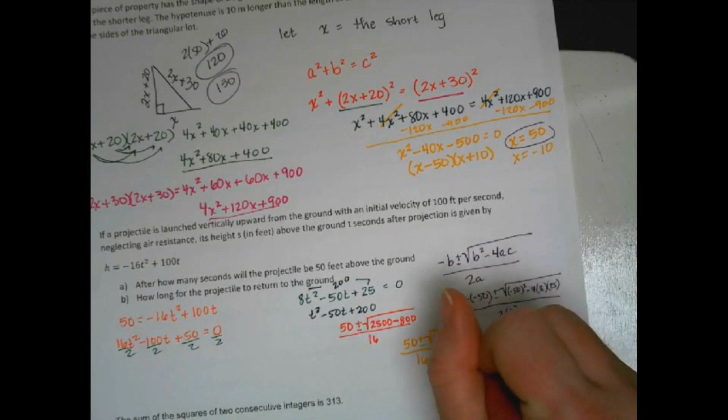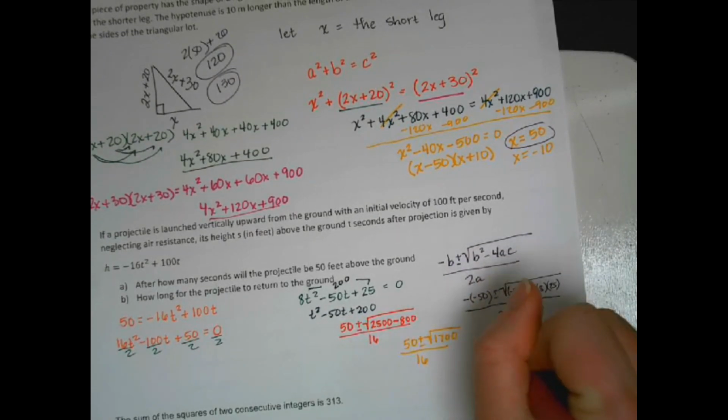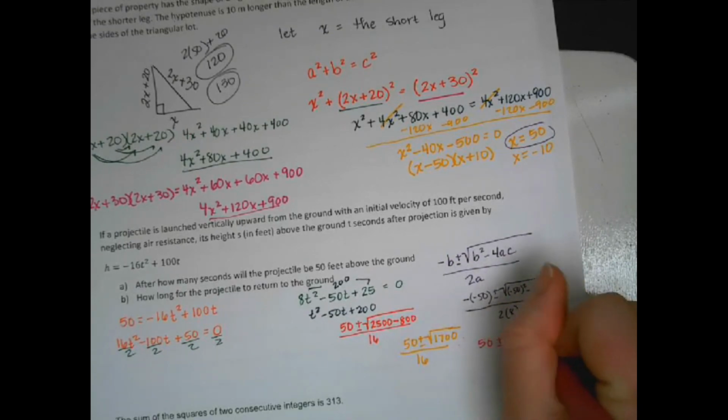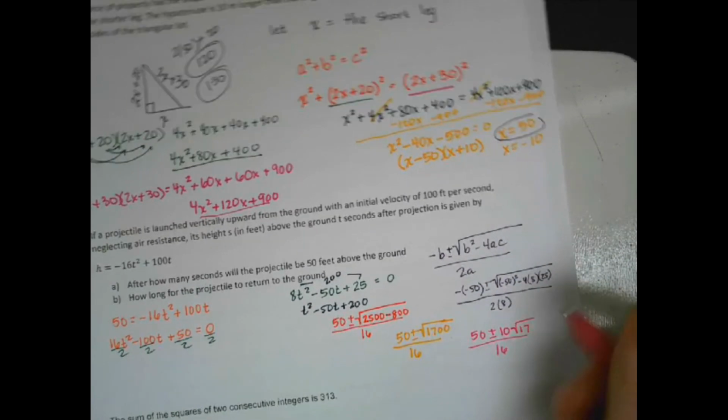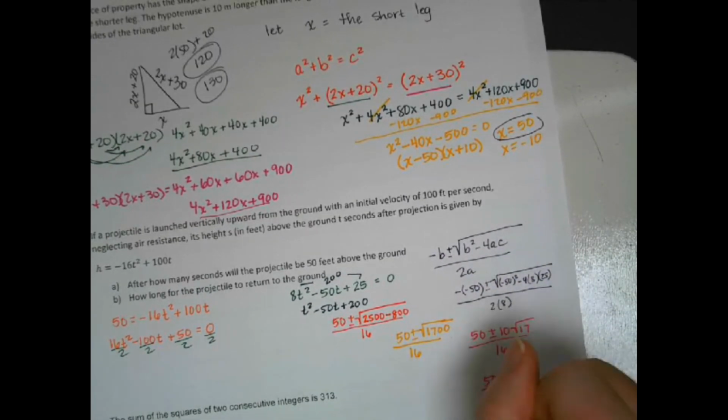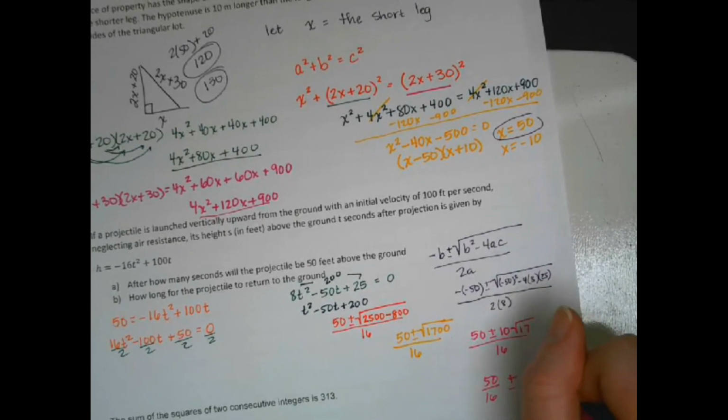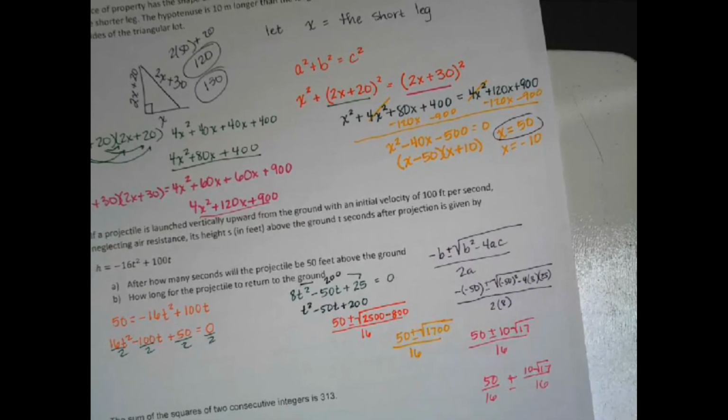So then don't you split it? Yes, because they'll simplify. 50 plus or minus 10 square root 17, all over 16. You can split that into two fractions, 50 over 16 plus or minus 10 square root 17 over 16, and then simplify.